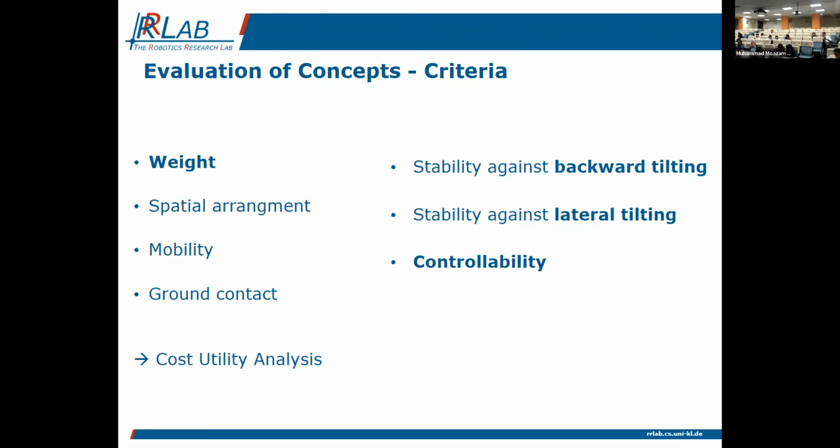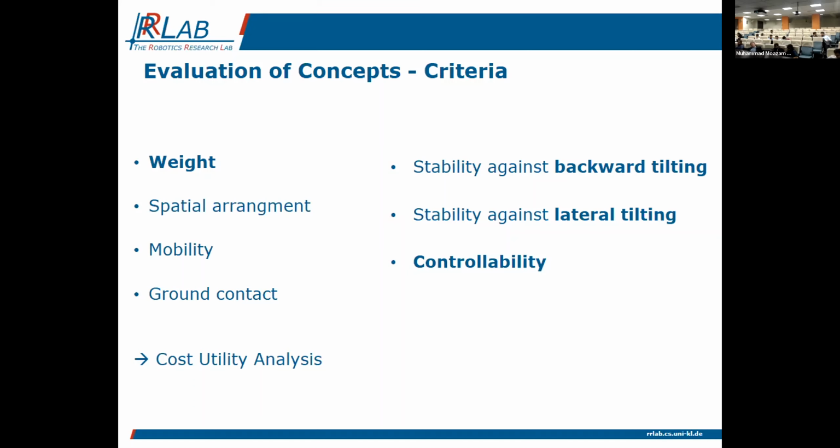Also a different point which we took a look at is the spatial arrangement on the vehicle itself. So which influence has the kinematic concept on the possibilities of mass distribution, and also mobility, the ground contact, and the stability against tilting is also, of course, really important, because on the inclination we still don't want the robot to tilt, neither laterally nor backwards.